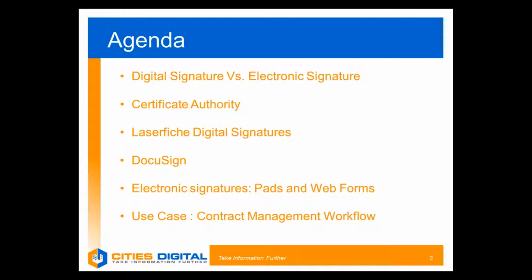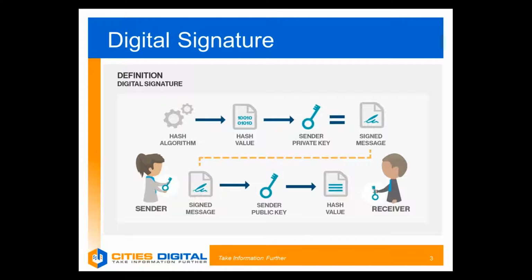So the way that digital signatures work is generally what happens is we have a hash algorithm is what they call it. So in terms of Laserfiche and to some extent all types of digital signatures, what happens is we take a snapshot of something and we say this is what it looks like at this point in time.